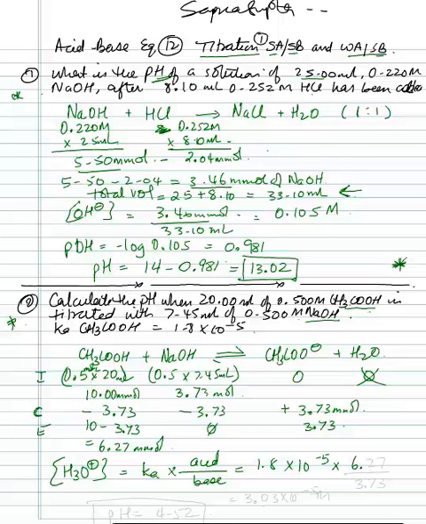But here, since it's a ratio, you can skip that. 3.73 is our base millimoles, and so the hydronium ion concentration is 3.03 times 10 to the negative 5 molar, and therefore the pH is going to be 4.52. That's the negative log of 3.03 times 10 to the negative 5. So that's how you would do titrations of a weak acid and a strong base.